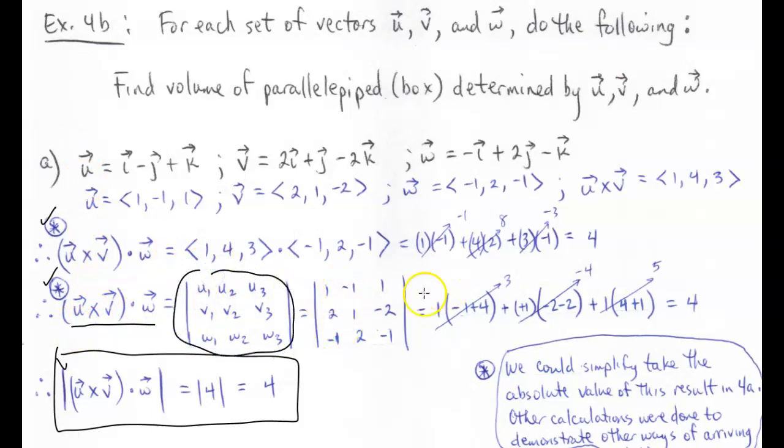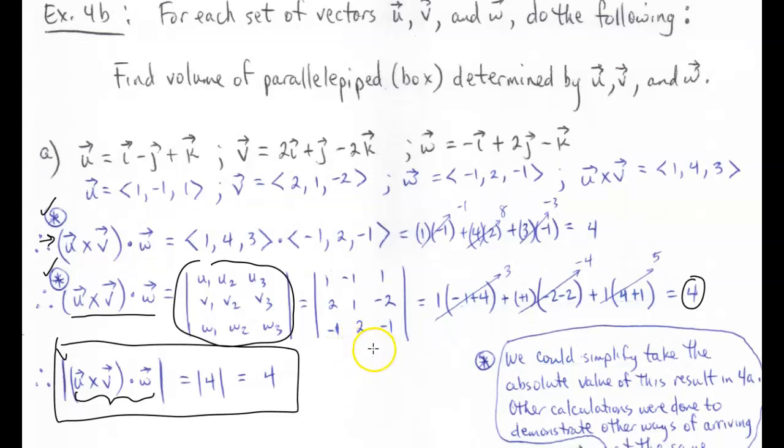And so I've shown you that if I use the determinant form here, I will still end up getting 4. And of course, since we already knew what this was from the calculation in 4a, I just take the absolute value of what I have left. And I know it's just the absolute value of a number because this quantity is just a real number. And I see that I get 4 in this case.